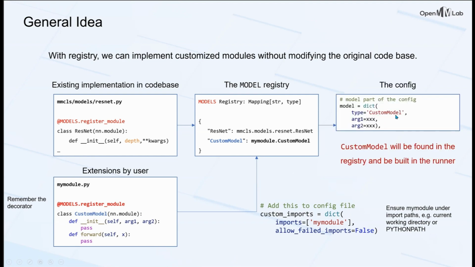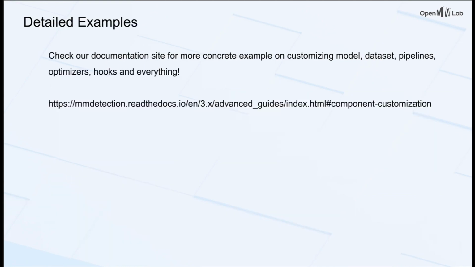As this one is already registered in the registry, it will successfully be built in the runner. The actual implementation is in this my module part. So this is the general idea and some steps to customize a model.